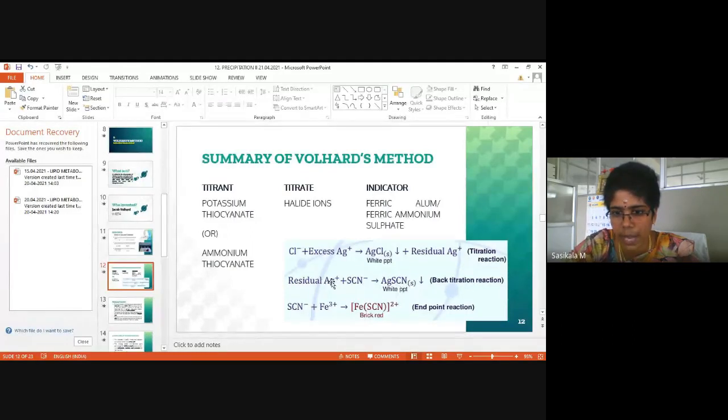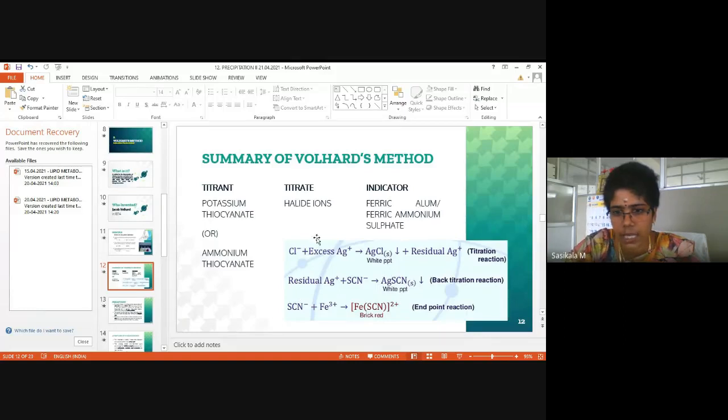The residual excess silver ion reacts in the beginning with chloride ion to give silver chloride. The remaining silver ion interacts with thiocyanate to give white precipitate of silver thiocyanate.